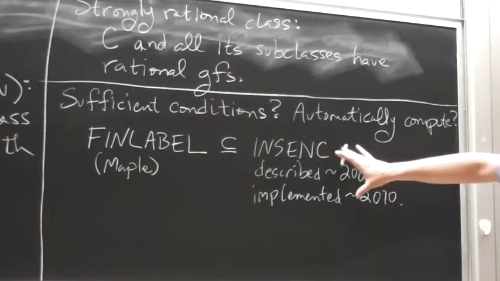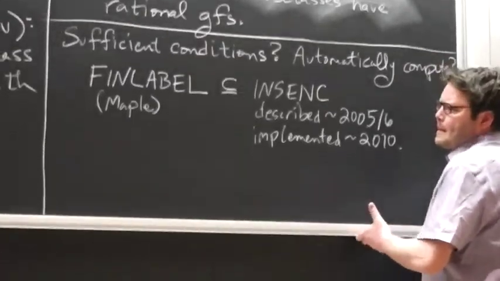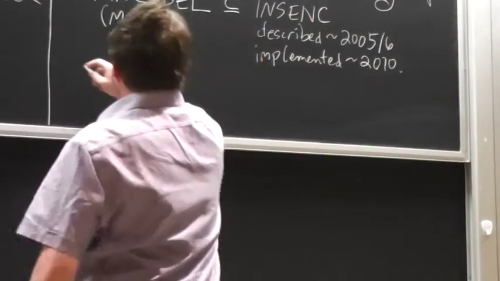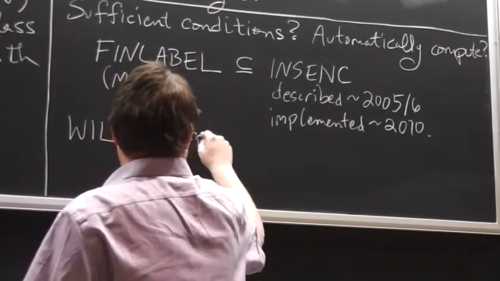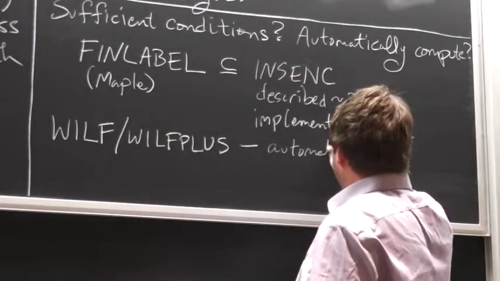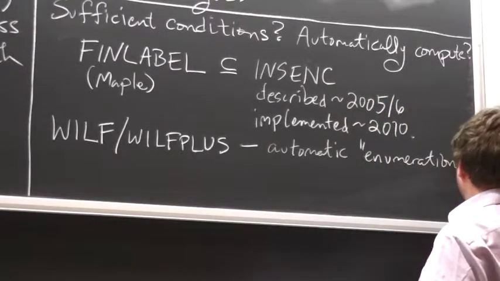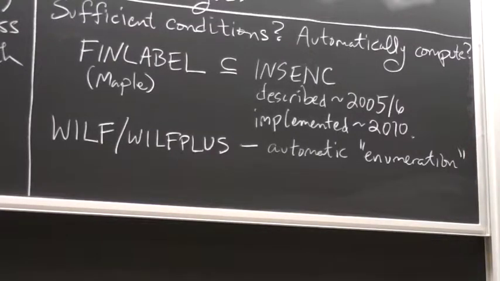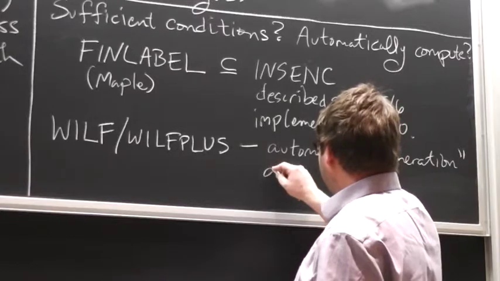This one is strictly more powerful than finlabel. Those will just give you the rational generating function. Another Maple package I should mention is Zeilberger's Maple package WILF, later extended to WILF Plus. This will do automatic enumeration. This time I'm going to put it in quotes because it's not going to give you a generating function or a formula. It's going to give you a polynomial time algorithm to compute the sequence. But of course, this comes with no guarantees of rationality.